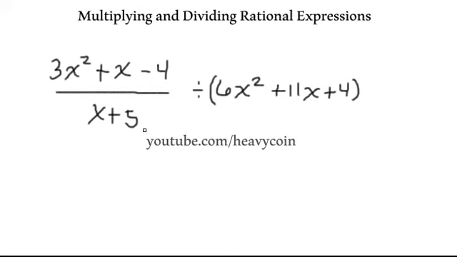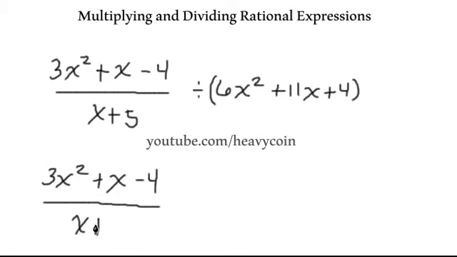Question is we need to factor probably this, but you know what? First thing I'm going to do, I'm going to rewrite this as 3x squared plus x minus 4 over x plus 5.